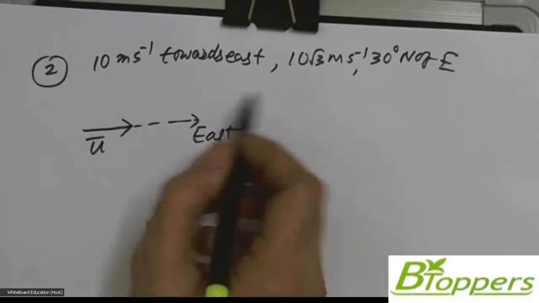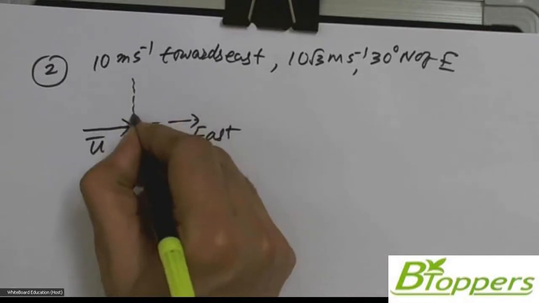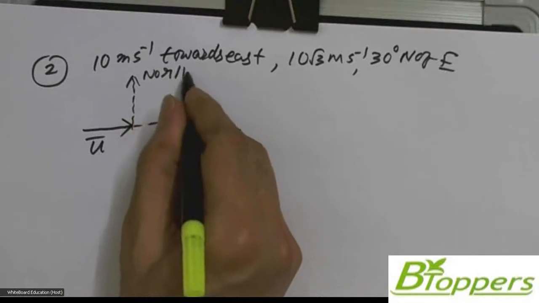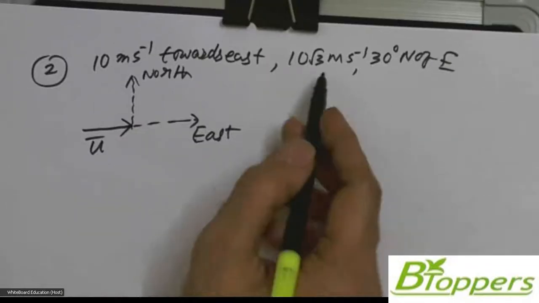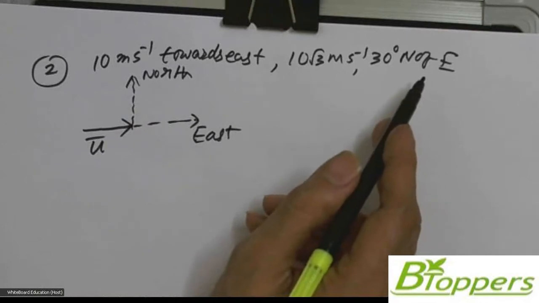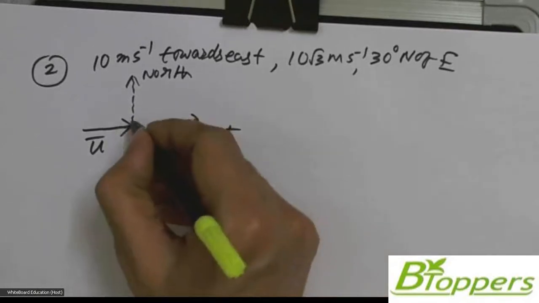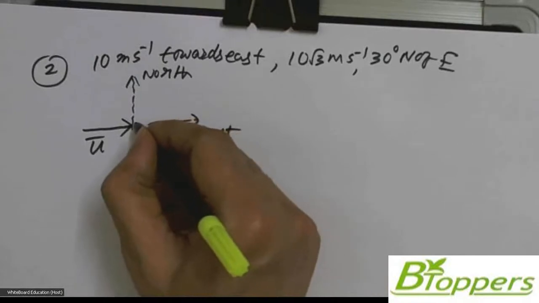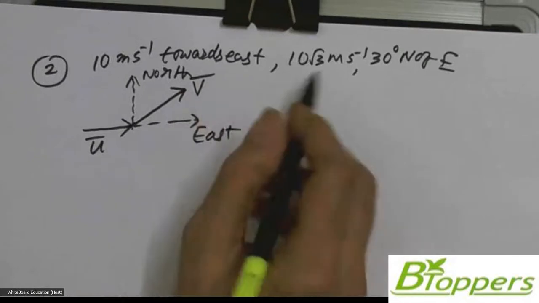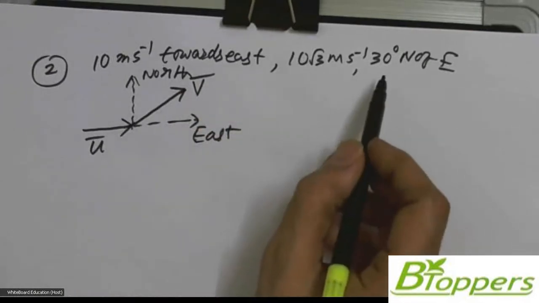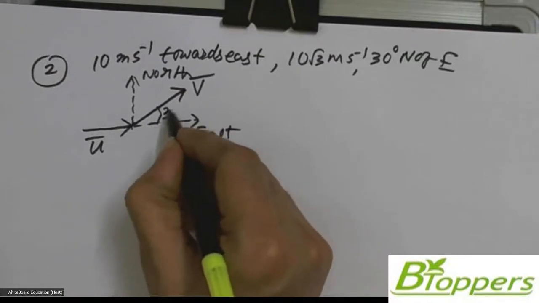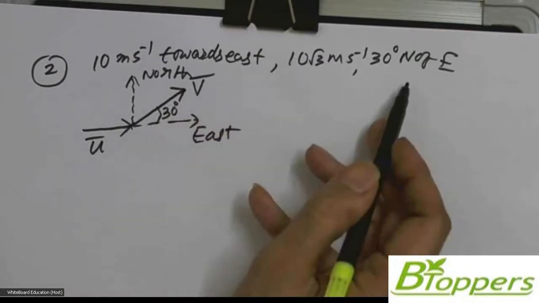The direction of the final velocity vector is given to be 30 degrees north of east. That means the final velocity vector makes an angle of 30 degrees with the north direction. I'm sorry, the final velocity vector v bar makes an angle of 30 degrees with the east direction and inclined towards north.